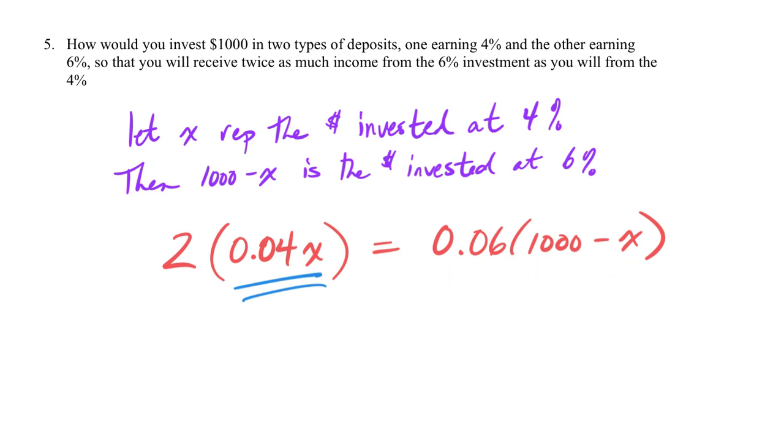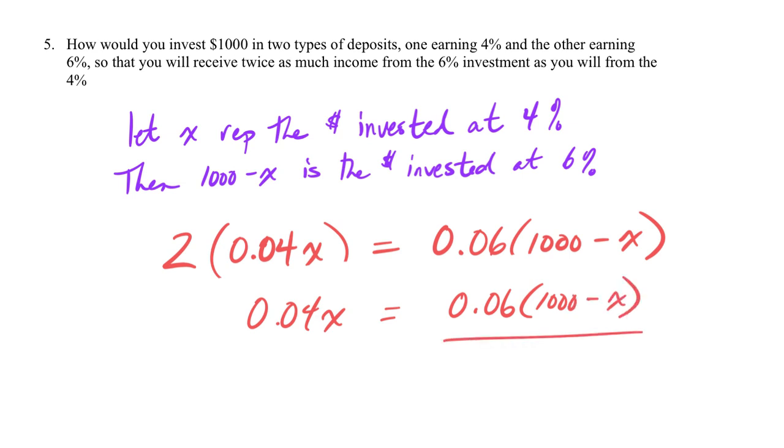Of course, we had another option for that equation. Perhaps you said the amount you make on the 4% investment would be equal to the amount you make on the 6% cut in half. There are your 2 options. Pick one of those and you are good.